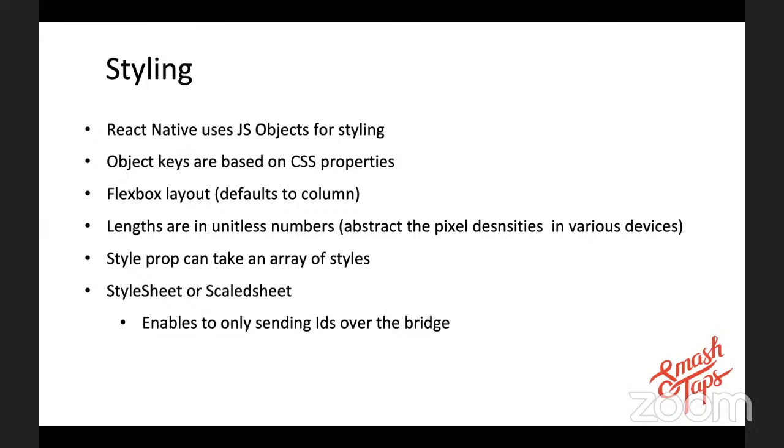And here you have lengths that are unitless because of the pixel densities of the various devices. Like in your Chrome, when you're developing a web application, you have pixels or ratios. Here you don't have any pixels, so you use unitless styles.